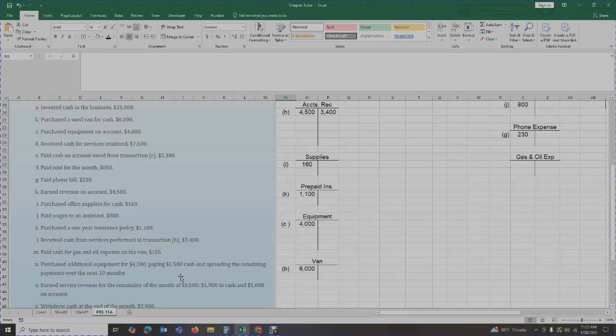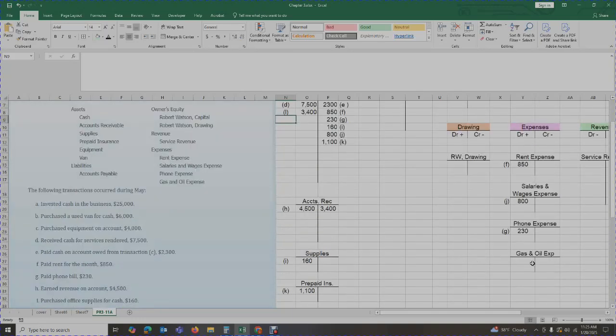Letter M. You paid cash for gas and oil expense on the van, $155. So gas and oil is an expense account, and we paid cash for that. The amount that we paid for our gas and oil is 155.